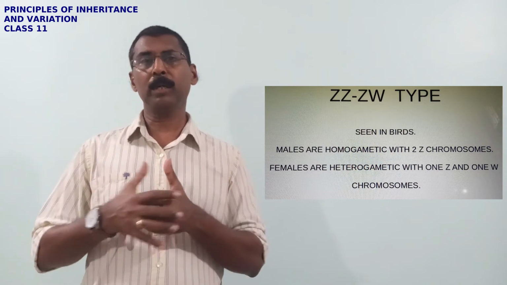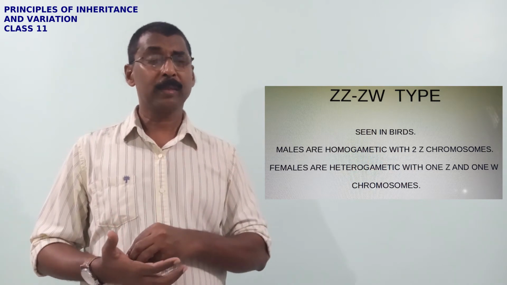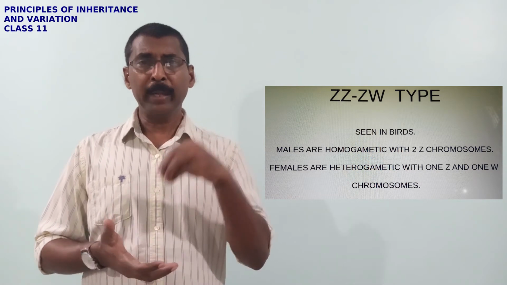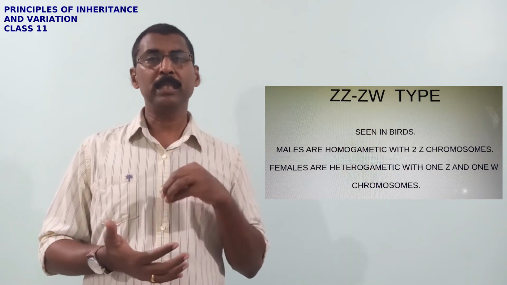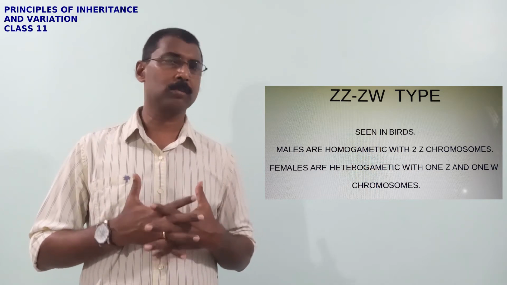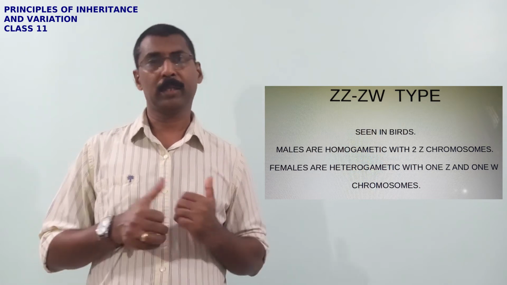As males are homogametic, they have allosomes, Z chromosomes. So, male birds have a pair of Z chromosomes as allosomes or sex chromosomes. So they are homogametic.